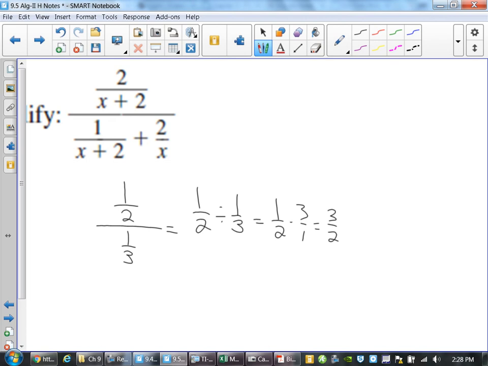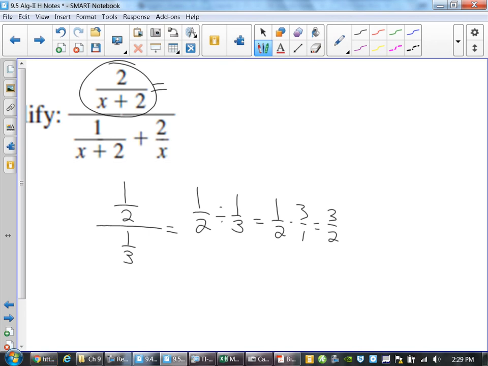Why couldn't you just multiply the entire thing by 1 over x plus 2 plus 2x over... It gets too messy. Because what you wind up with here, in this part here, is there anything I can do?